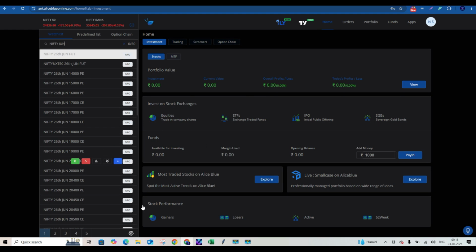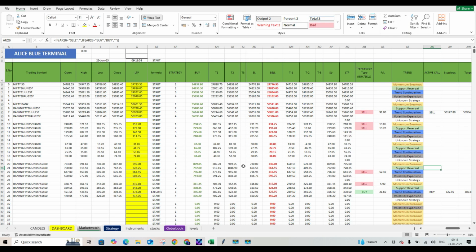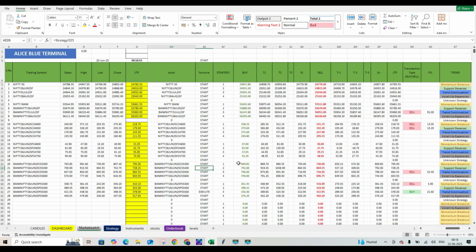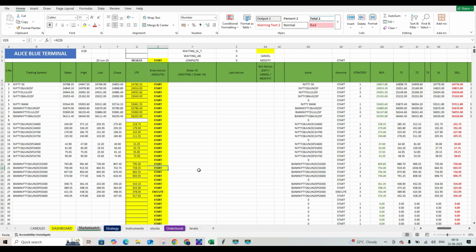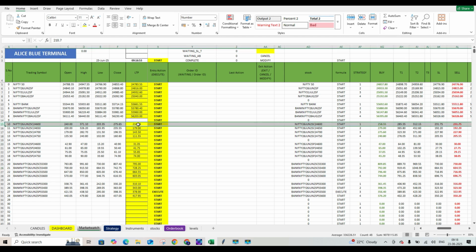Our market is already open and we are waiting for our above and below levels to take. Here you can see the market is waiting for above and below levels. Let's take Nifty call option as an example. Here our LTP is running at 218 points, and our buy level is at 258.